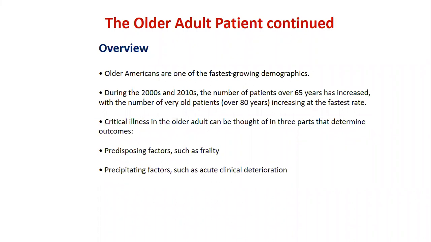So the number of older persons is increasing, right? So older person care, or geriatrics nursing or gerontology nursing, is a specialized branch in the care of older or elderly adults.